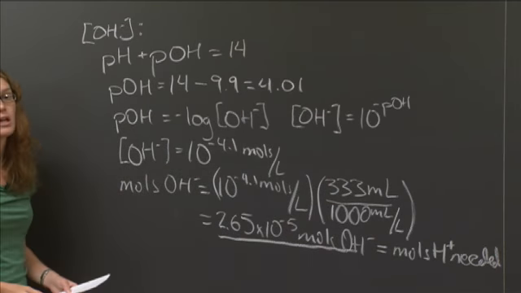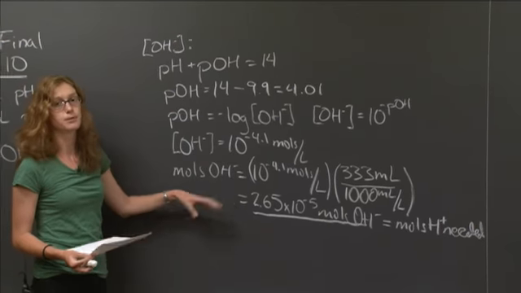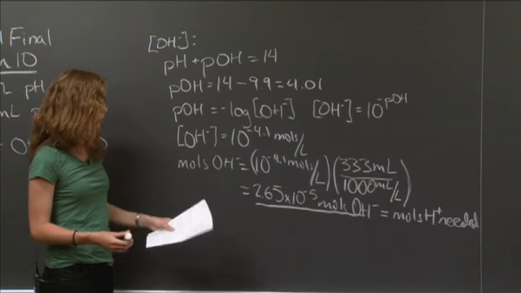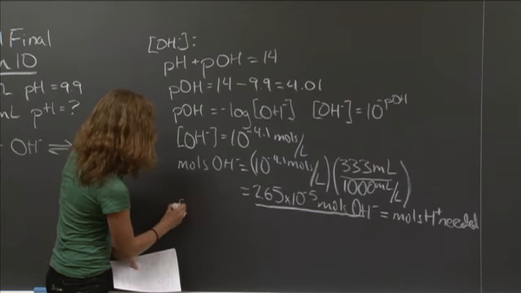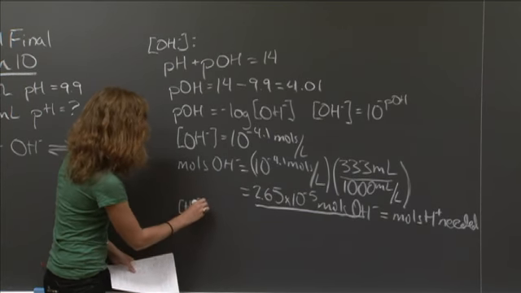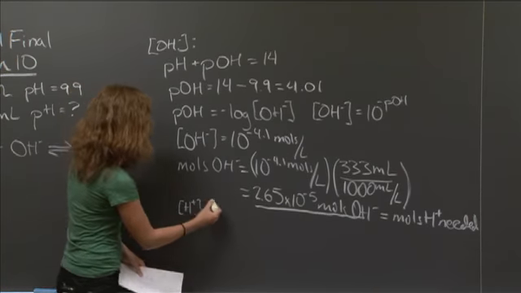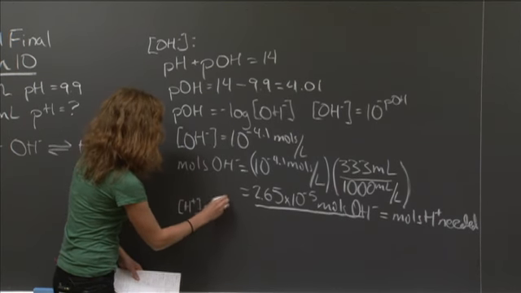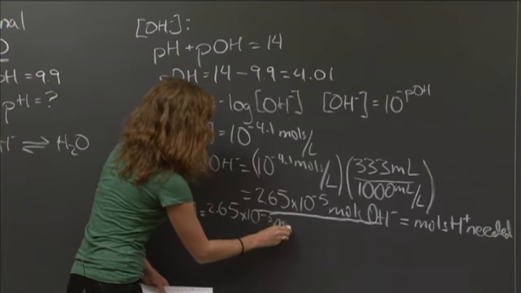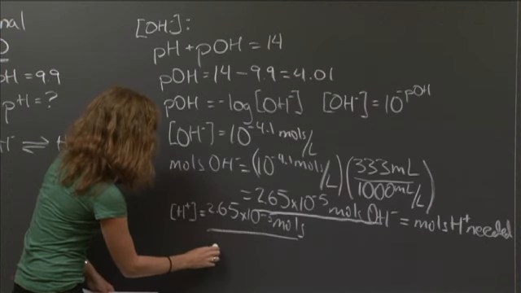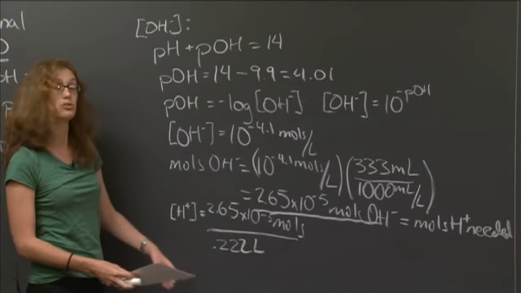All right. Now that we have our moles of H plus needed, we need to do the same process here, but in reverse. So first, we need to find the concentration of protons that we have. Given that we want to only have 222 milliliters of this solution, we just divide that by our volume, 0.222 liters, right?